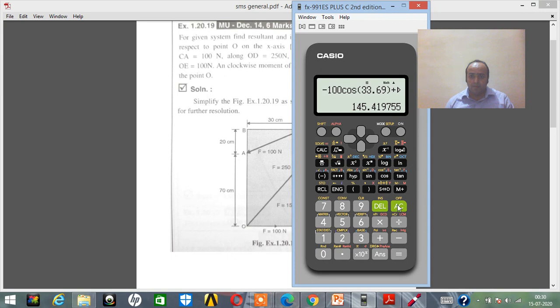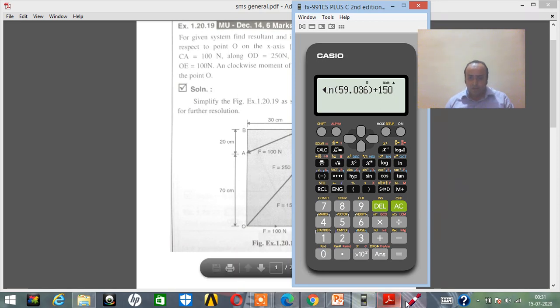So it will be minus 100 sin of 33.69 plus 250 sin of 59.036 plus 150.